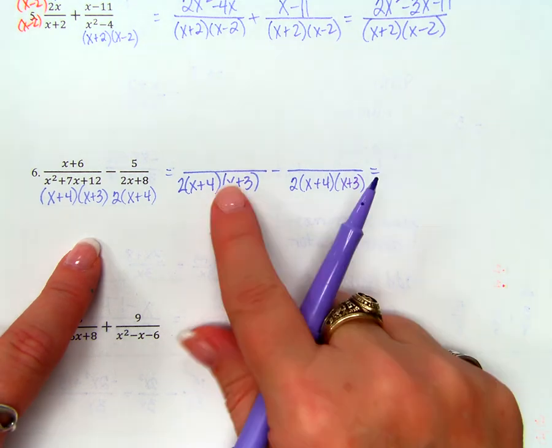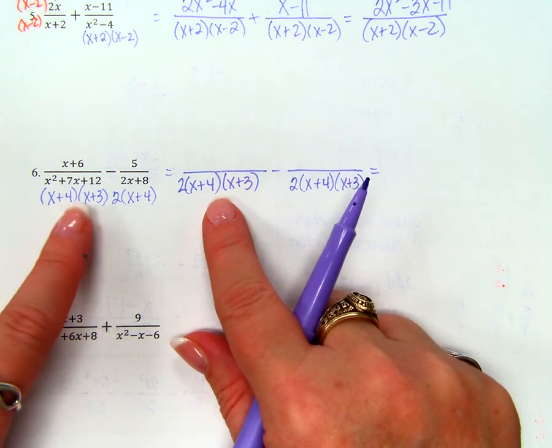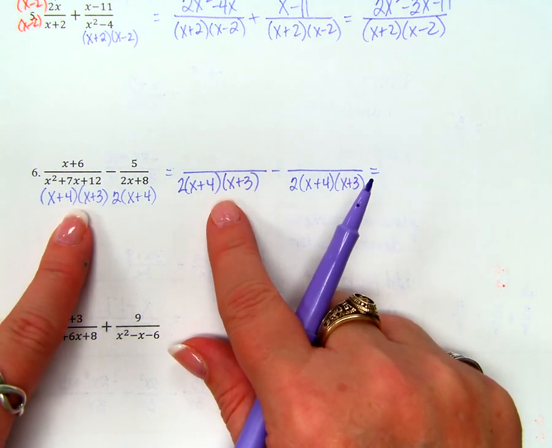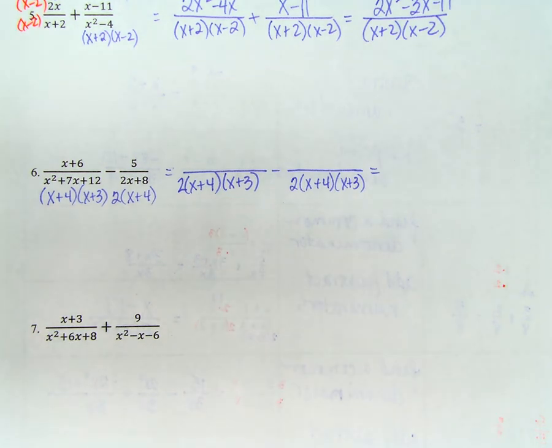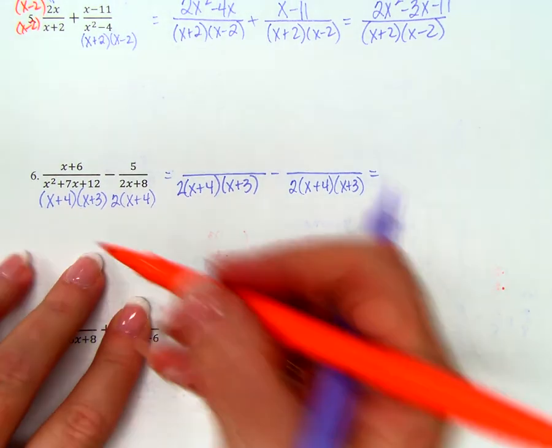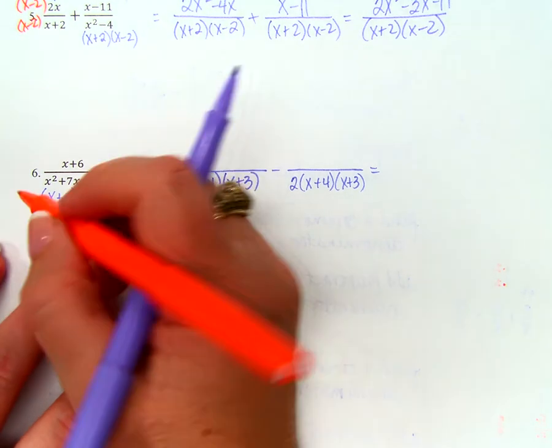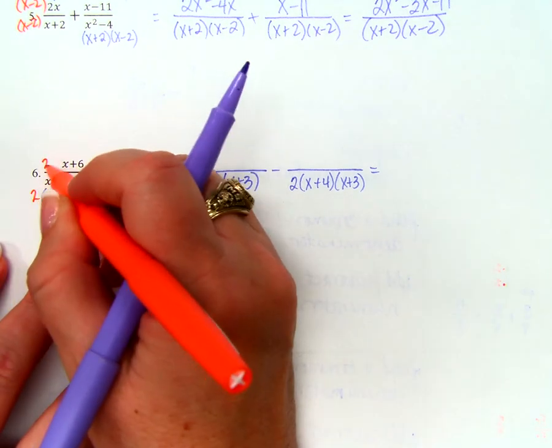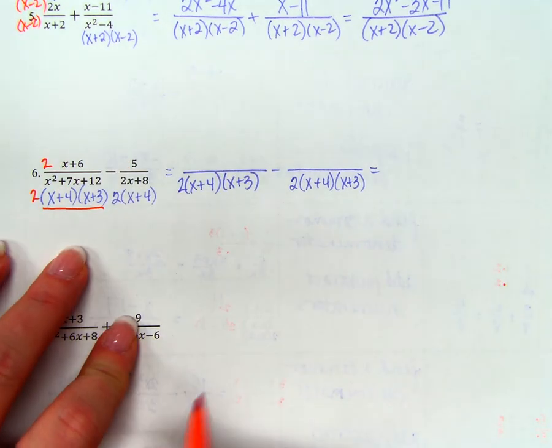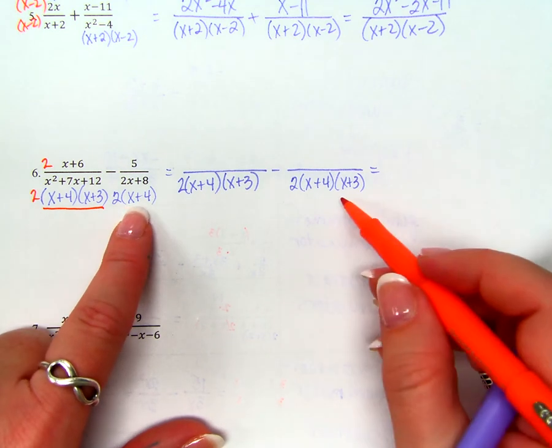Now, go back. What does the first denominator need that the common denominator has? Here's the first denominator. What's it missing? A 2, right? So if I multiply it by 2, I multiply the numerator by 2. What does the second denominator need?